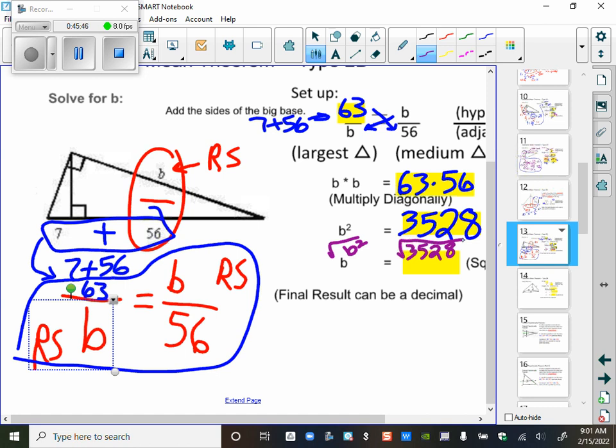Square root of 3,528 is how much? 59.39. Yeah, that's about right. So that value of b is 59.39. There you go. All right, questions?